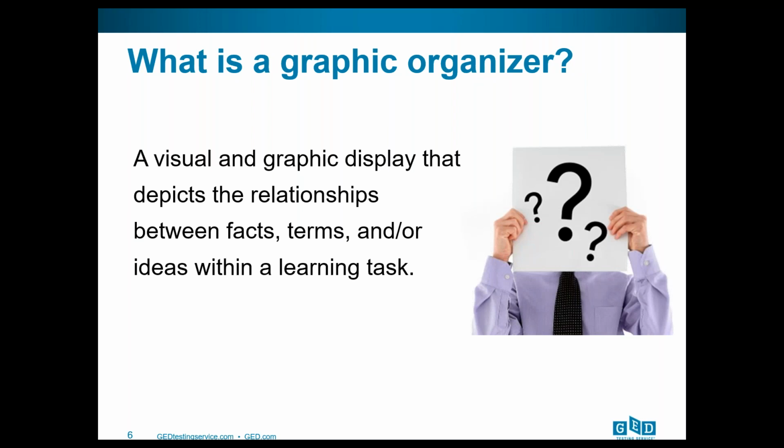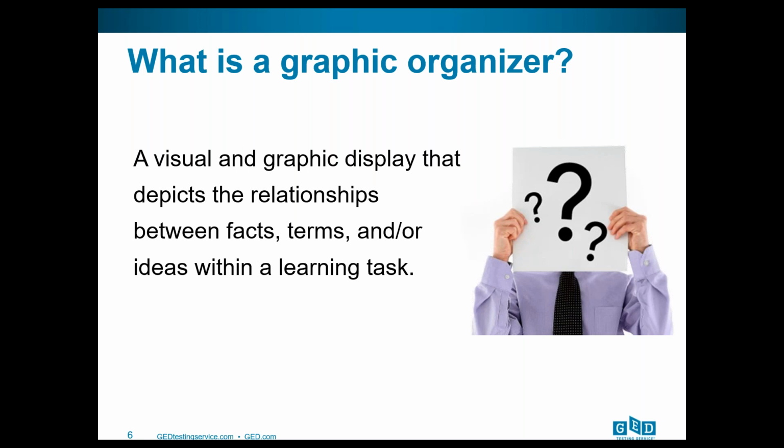It's really a visual display, not just a graphic, but a visual display where we can see relationships between facts and terms and ideas. Those are things that are so important because many of our students who are out there have trouble identifying how certain things are related.